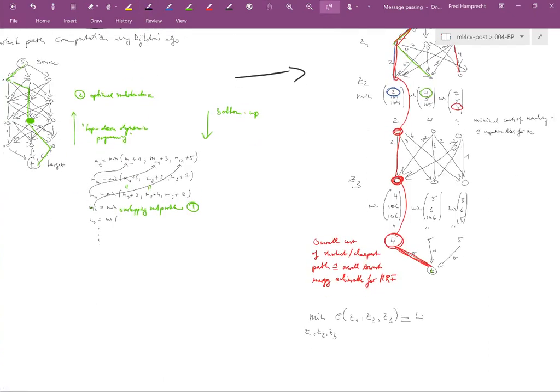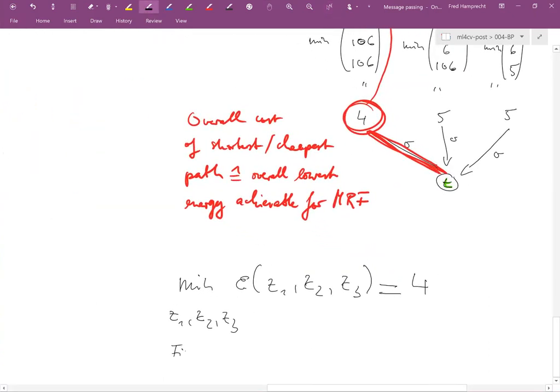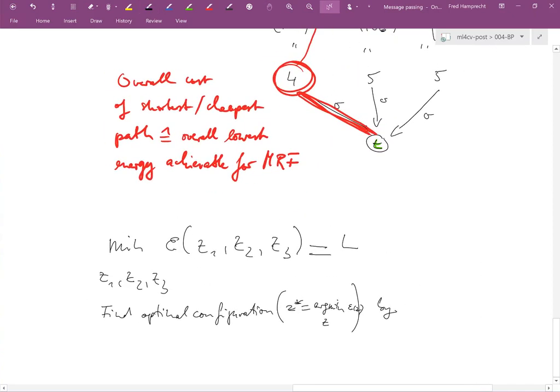So we find the optimal configuration, or the argmin, Z star, which is given by the argmin over Z of my energy function, by an operation that you have just invented, which is called backtracking.